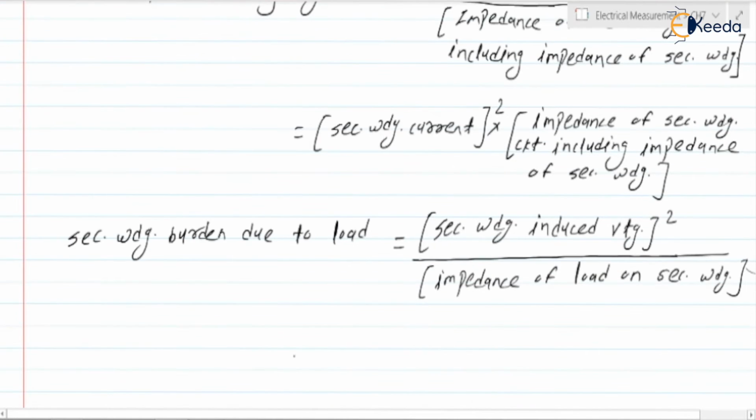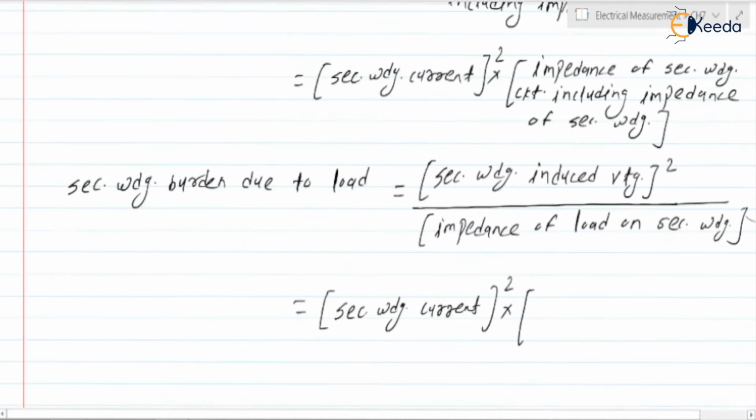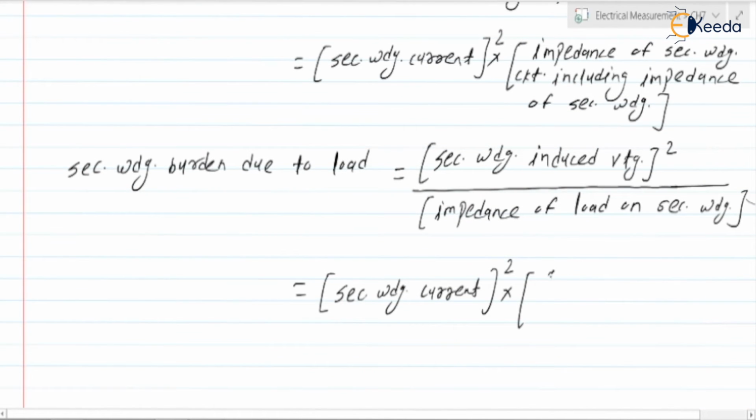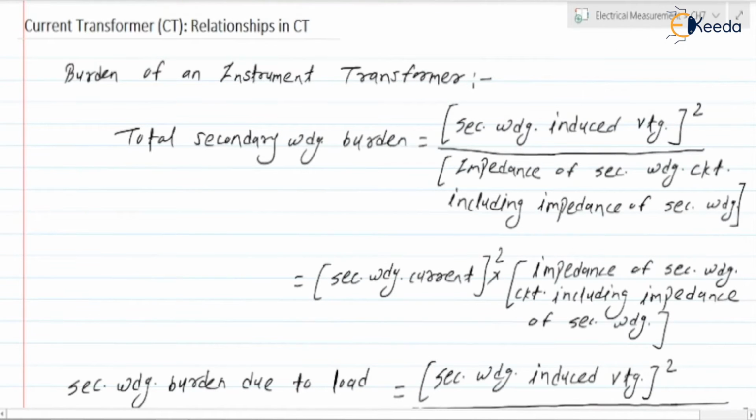Again, it can be represented in terms of current: the secondary winding current squared into the impedance of the load on the secondary winding. So friends, this is about the burden of an instrument transformer.